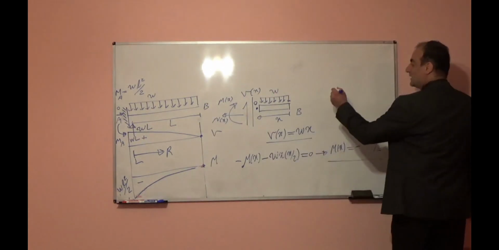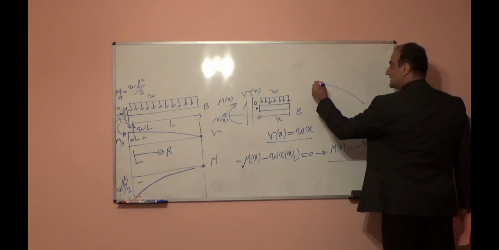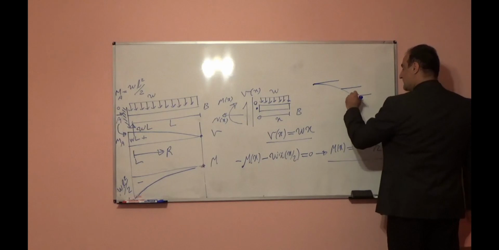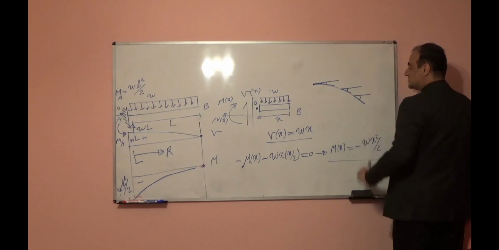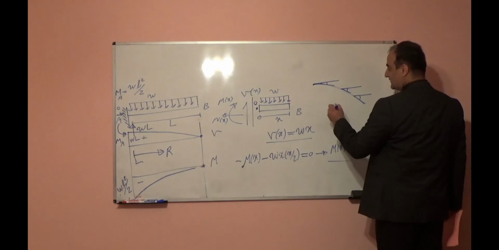For the slope of a curve, for example this curve, if we want to measure the slope, you draw a horizontal line and a tangent line to the curve, and you measure this angle. This is the slope of the curve.